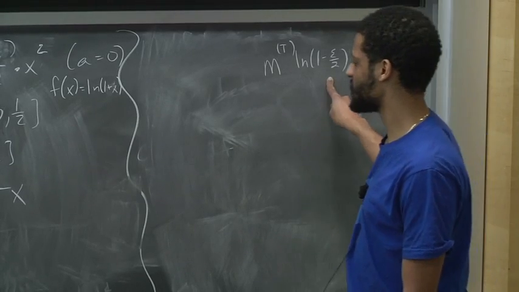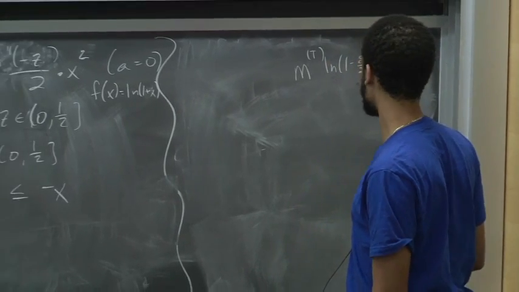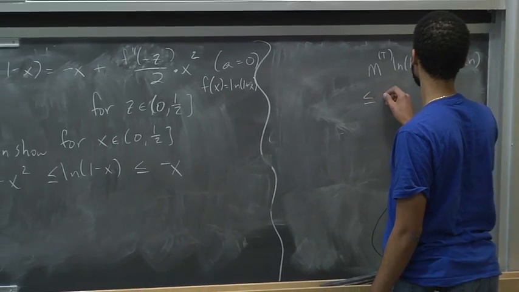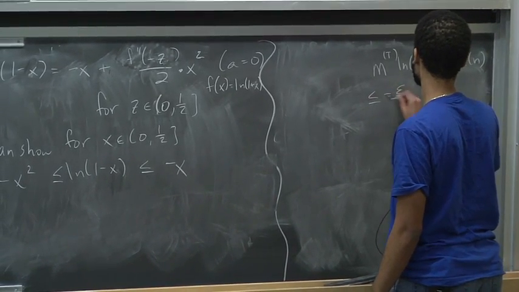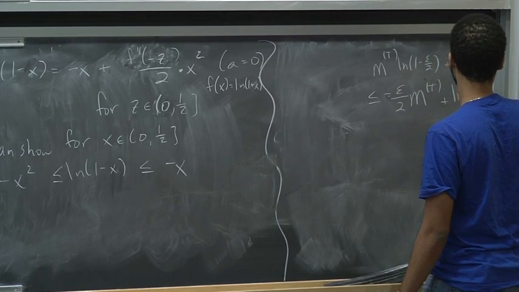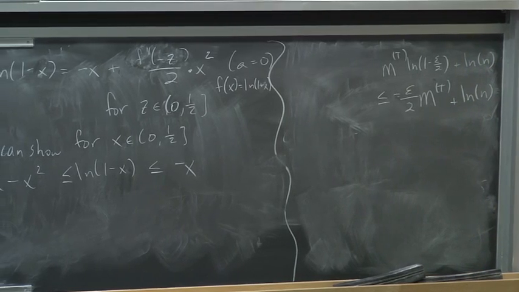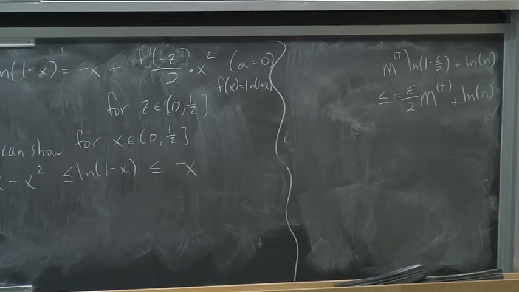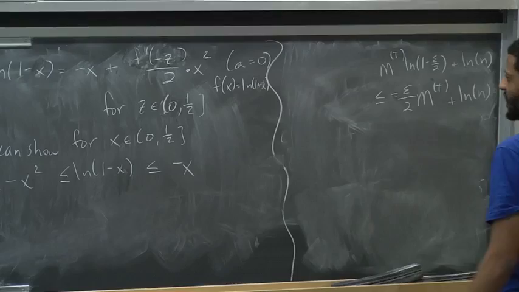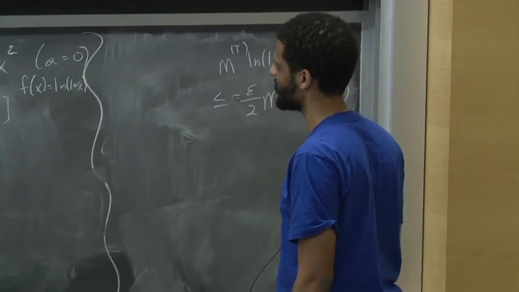Well, ln of 1 minus epsilon over 2 is at most negative epsilon over 2. Yeah, I guess I could have just taken the ln over there. But then for the other side, you need to use this fact.